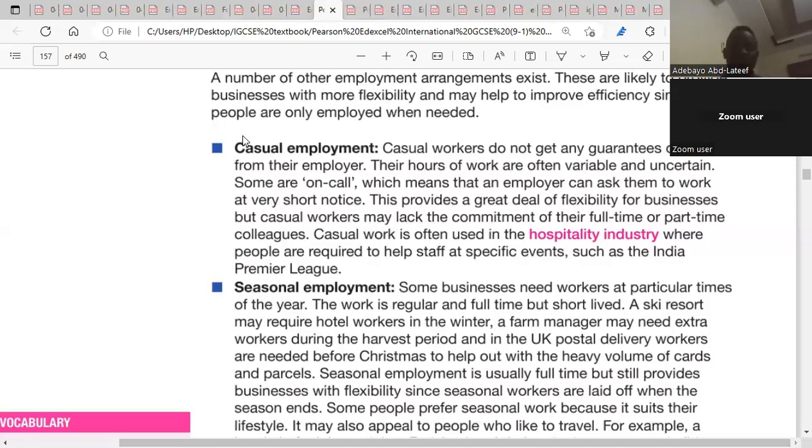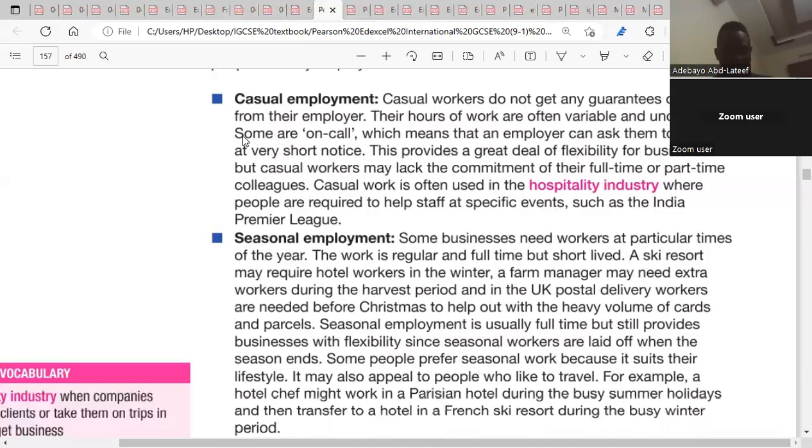So as soon as that is done, do you still need them? As soon as they pick it up, do you still need them again? No, you don't need them. So you only need them when you have to harvest your crops. So it is seasonal. I got it. Do you understand seasonal employment now?